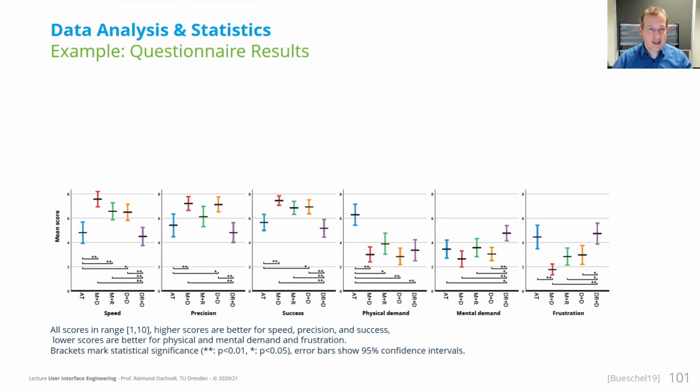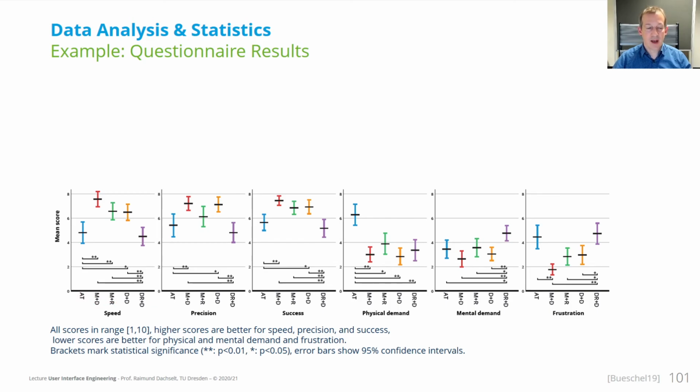Also, the questionnaire results can be depicted in some diagrams. So if you, for example, are asked about the speed and precision, so the felt precision and the felt speed, and the success, how successful the users thought they were, and they rated on a scale, and you see the mean score for each of the techniques.